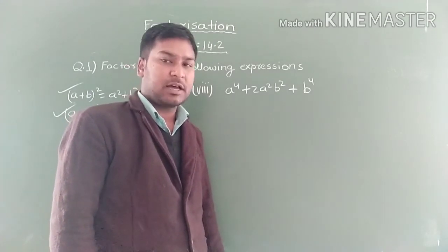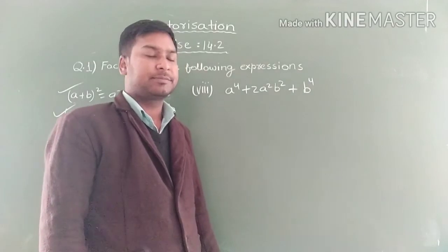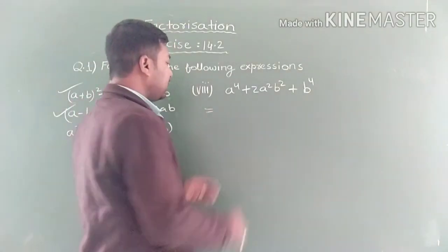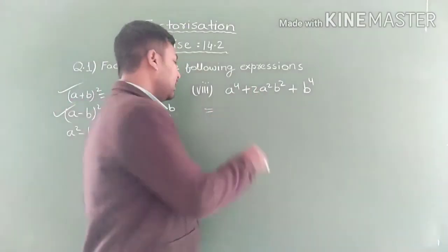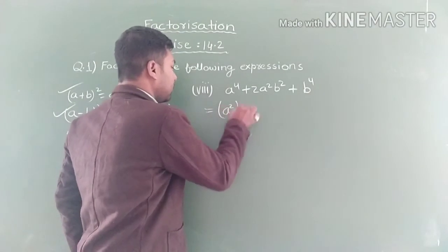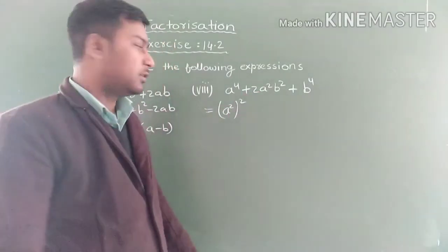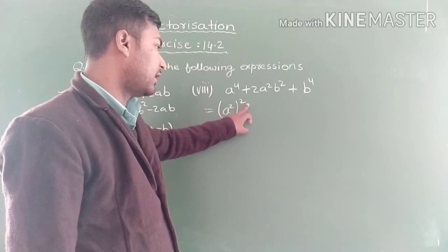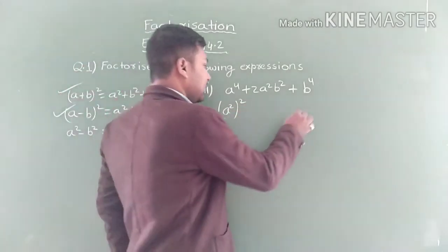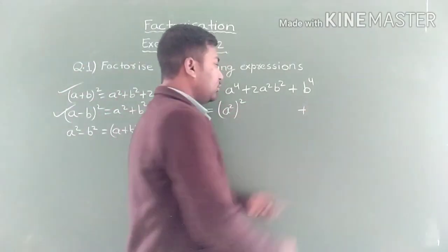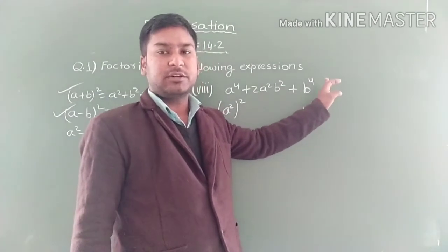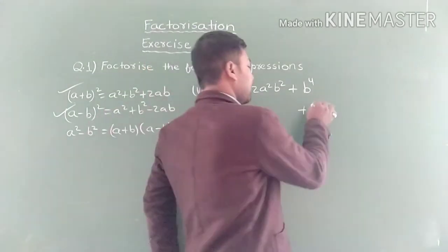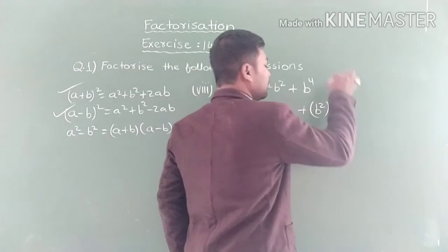That is a square plus b square plus 2ab. So simply a to the power 4 we can write as a square to the whole square. Okay. Similarly, b to the power 4. So convert into square. So it will be b square whole square.